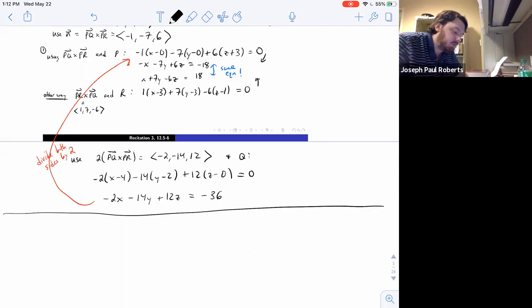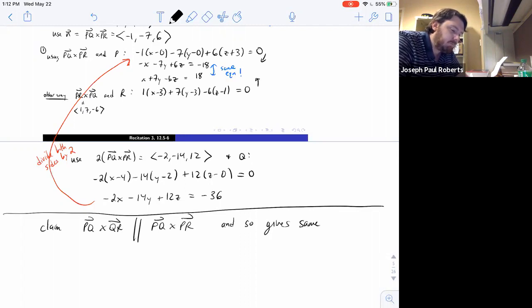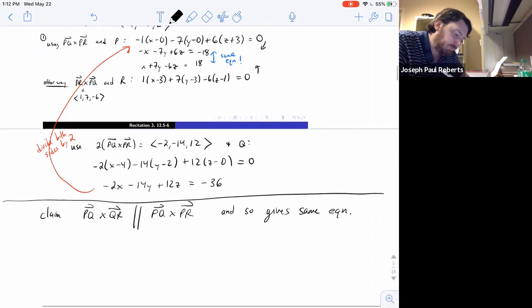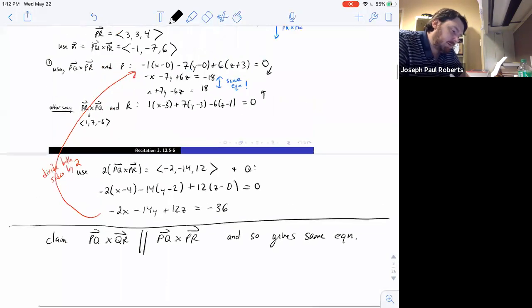Let's just rehash that for fun. It's good to see. So I claim that PQ cross QR is parallel to PQ cross PR, and so gives the same equation. Okay, so how does that work?